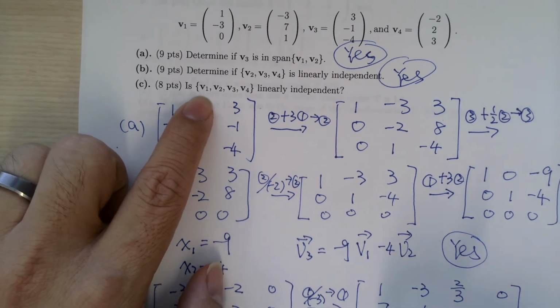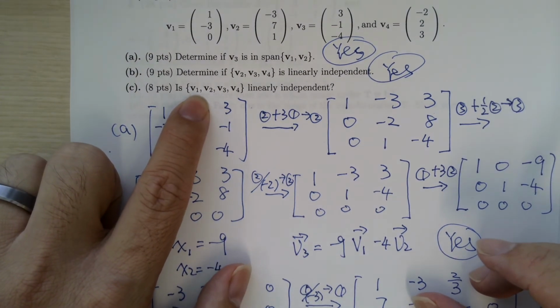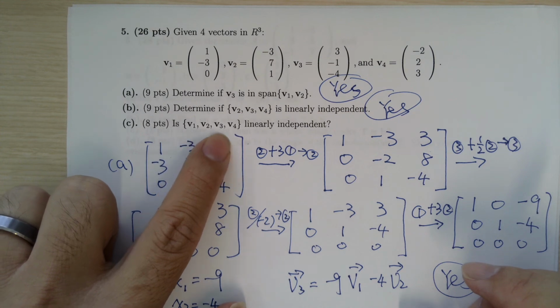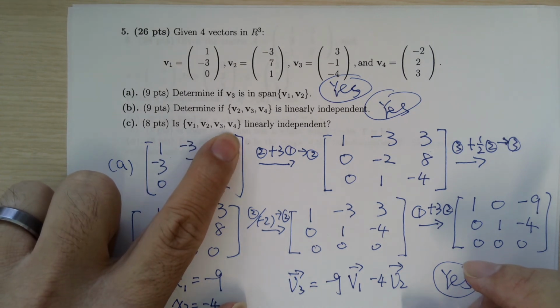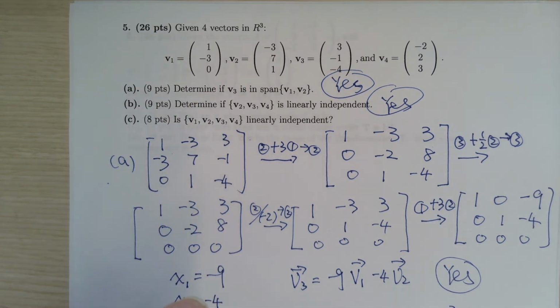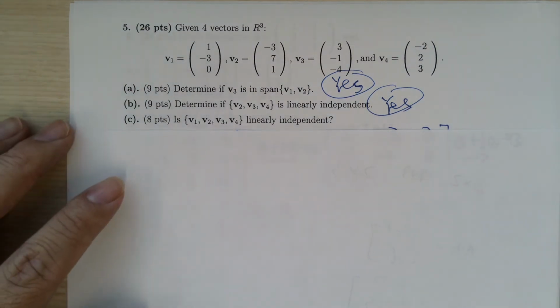Part C, it also asks if V1, V2, V3, V4 are linearly independent. Well, I think we need a new page to work on this, right?